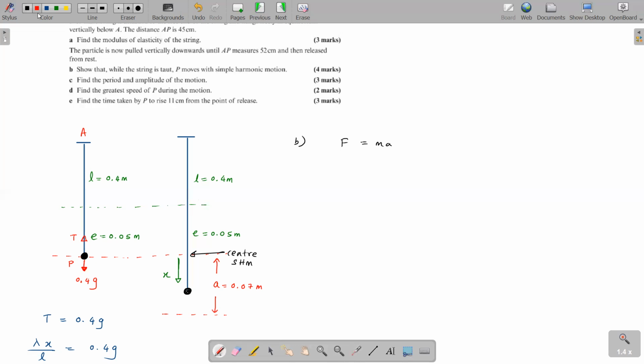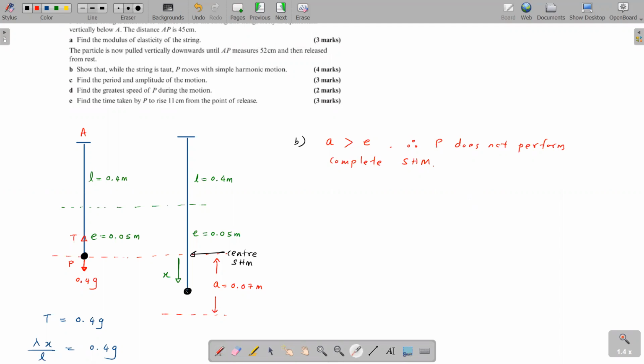Is that clear? So one thing, please make a note of this, write down: the amplitude is greater than E. Therefore, P does not perform complete SHM. It only performs partial SHM. It doesn't get to do the complete simple harmonic motion. Is this clear? This is really important.